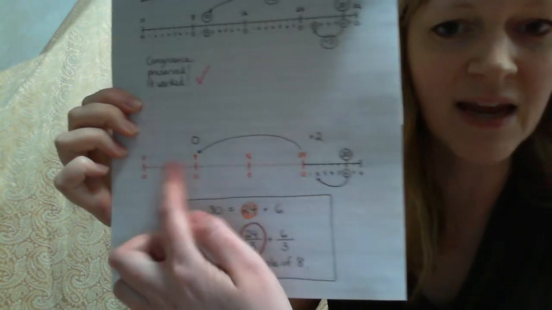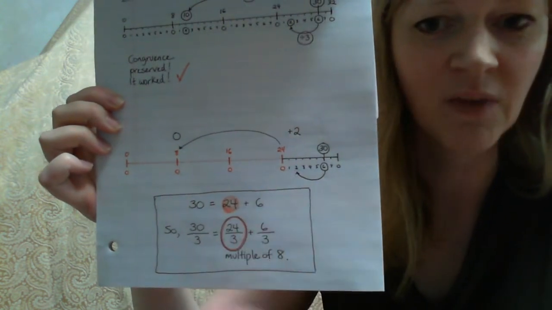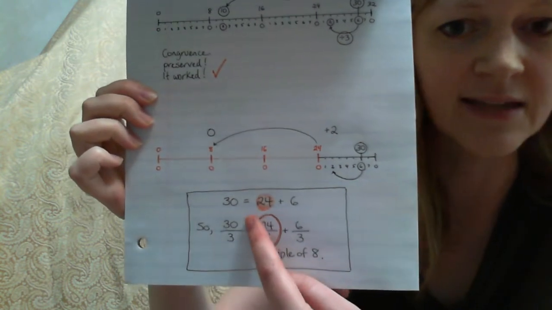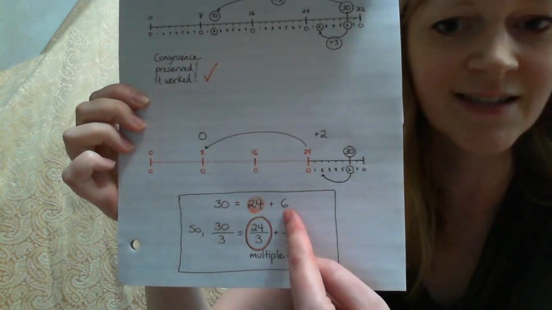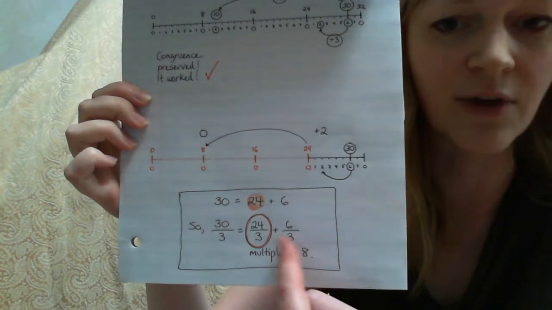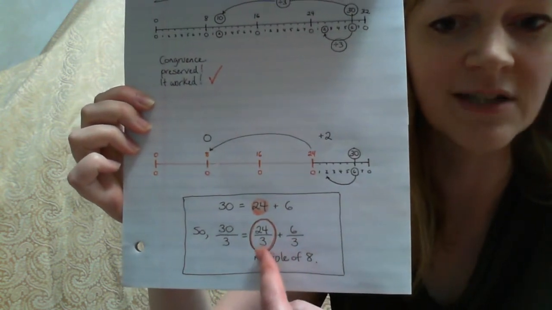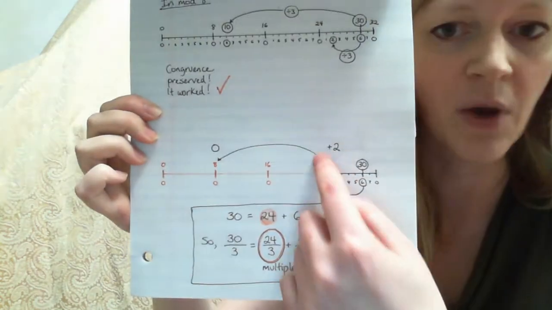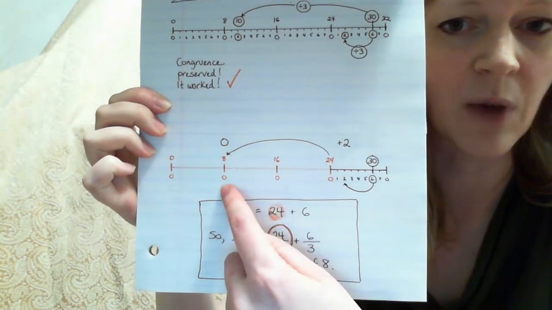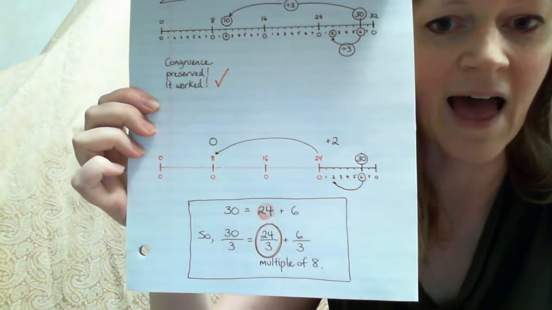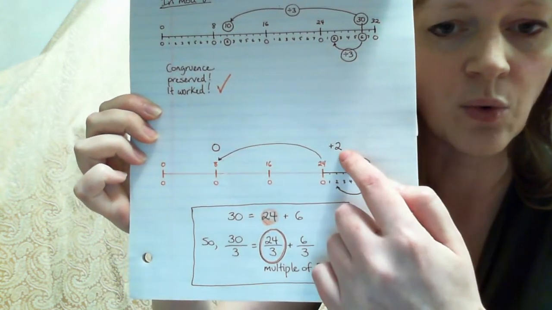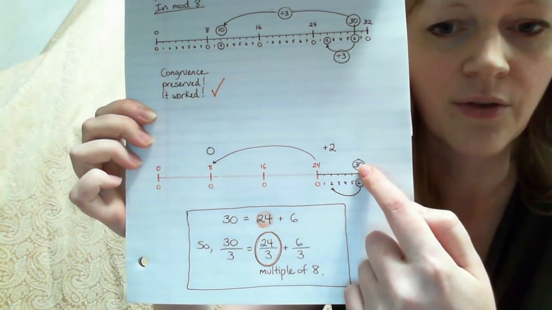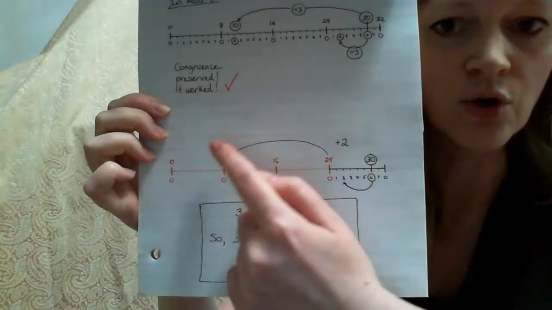So as many multiples of 8 as we can, we'll section that off and say that 30 is equal to 24 plus 6, and then divide both of these by 3. We end up with 24 divided by 3 being a multiple of 8. So this part goes to a 0 spot, and then we just add on the 2. So we go from 30 divided by 3 to 2, 0 plus 2.